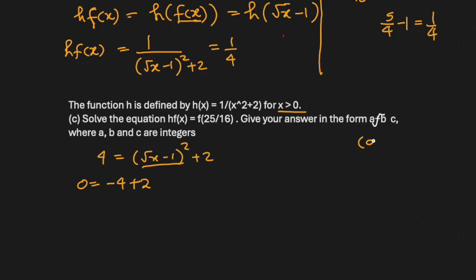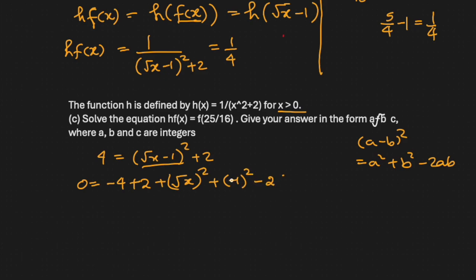I'll use this identity, (a minus b) whole square is equal to a square plus b square minus 2ab. So a square is (square root x) square plus b square, and minus 2 times, and I should not write this minus, if the identity has plus, then we should write plus 2ab.